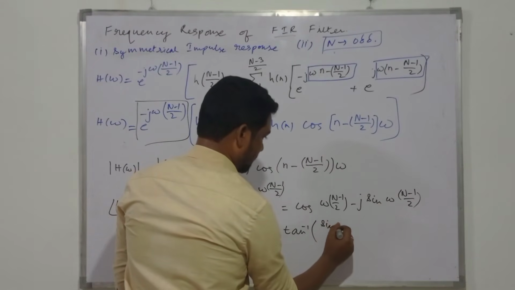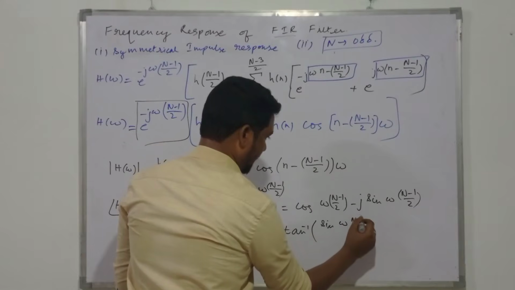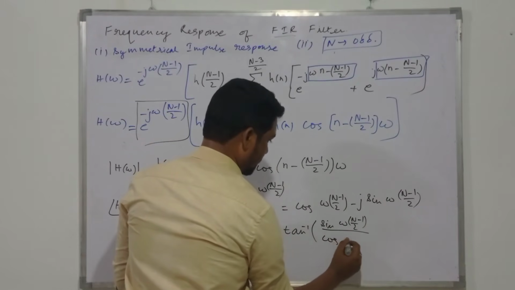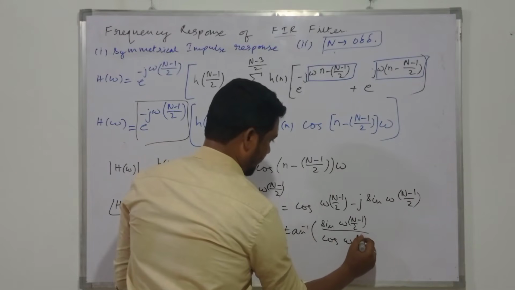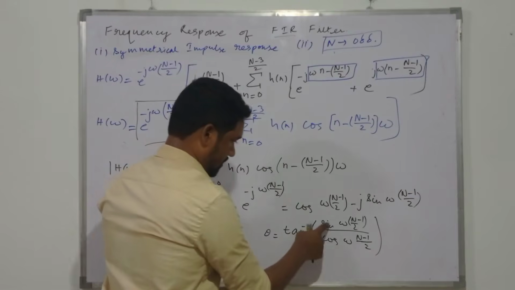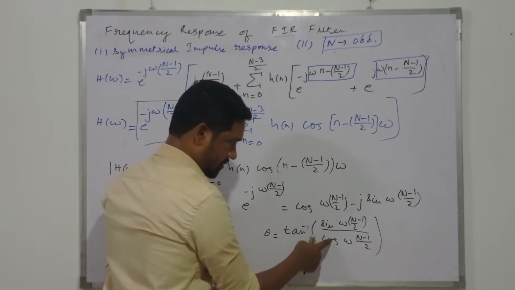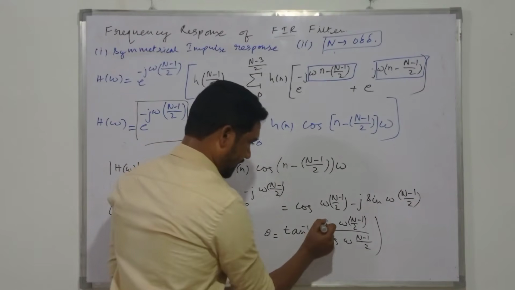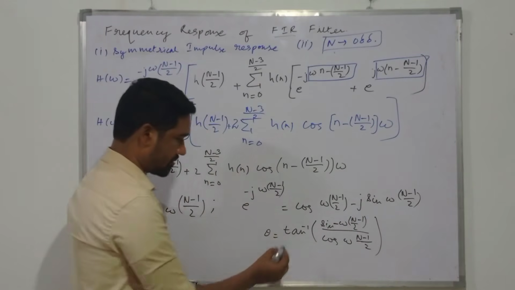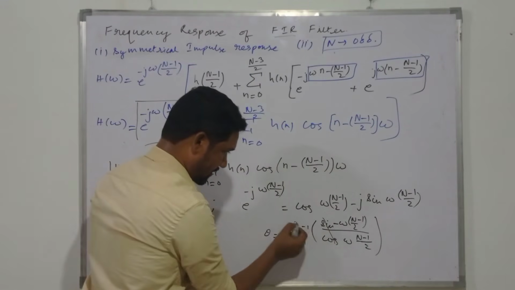Sine omega (N minus 1)/2 whole by cos omega (N minus 1)/2, sine by cos is tan. We have that negative over here, so that negative comes out. Tan inverse of tan, this gets cancelled.